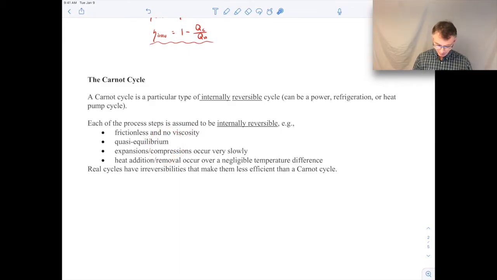For example, heat addition and removal over negligible temperature differences would practically mean that a heat exchanger would have to be huge, so that all along the distance of that heat exchanger, you're always very close in temperature between the working fluid and the thermal reservoirs. So it's just not practical. You just can't do it. It's an idealization. All real processes will have some irreversibility to them.